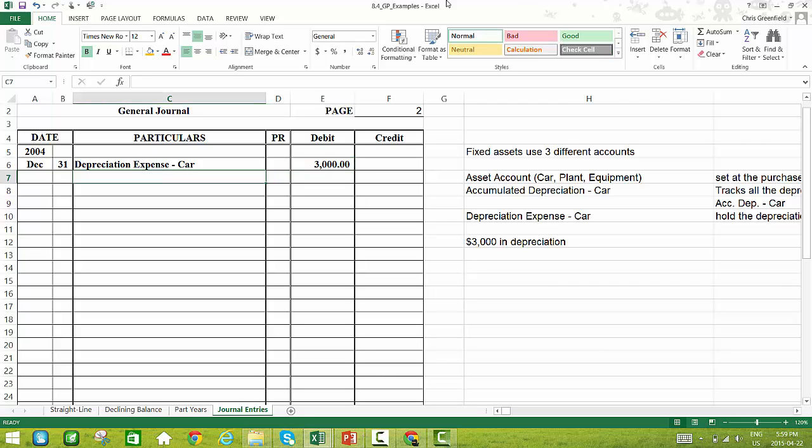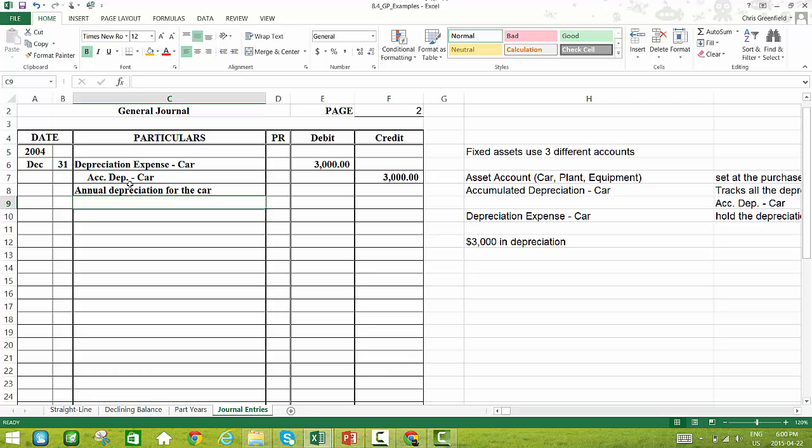The next one we're going to have is our accumulated depreciation account, which is always the credit. And usually that's just a simple explanation. Like that. There we go.